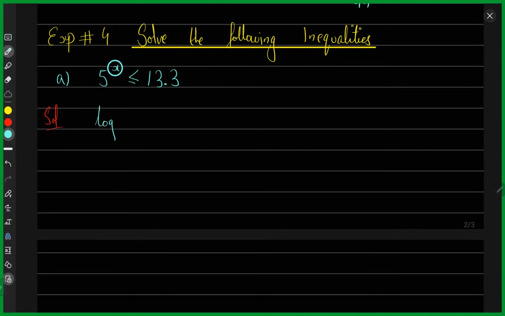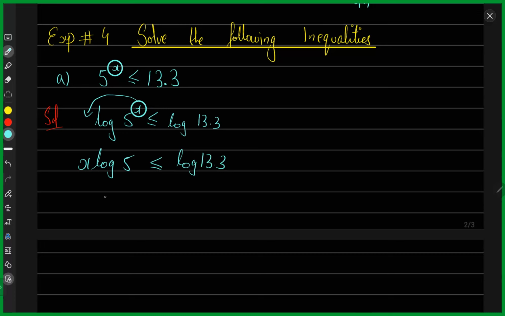So log 5^x ≤ log 13.3. And this x can come over here, so it becomes x log 5 ≤ log 13.3.